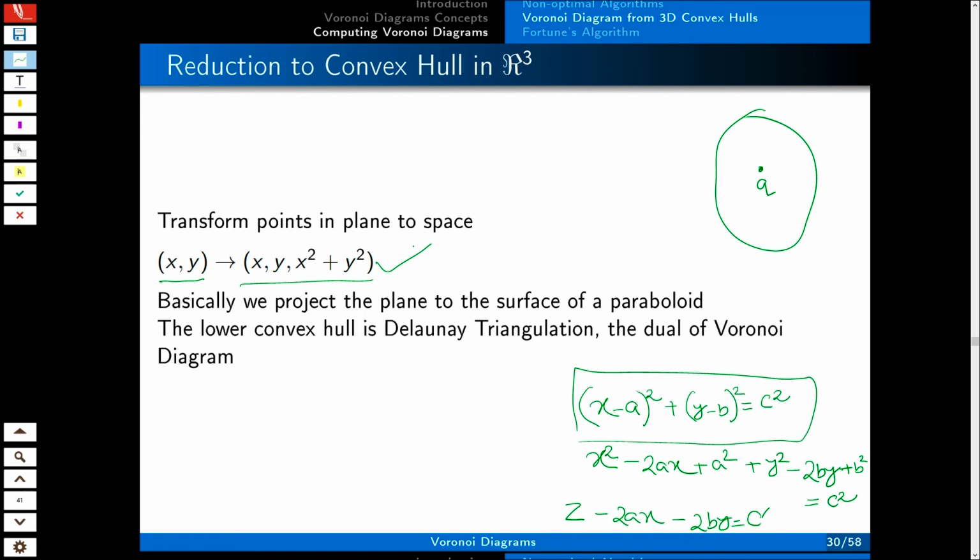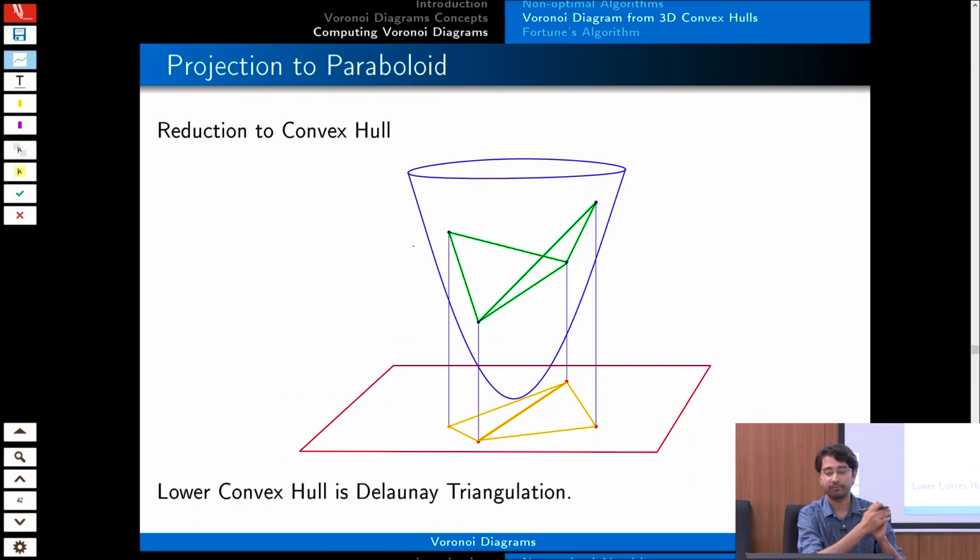Each circle becomes a plane in R3, a half plane. While finding the Voronoi vertices, we are looking for maximal empty circles. In R3, we are looking for maximal empty half planes. And that is nothing but the lower hull of your convex hull.